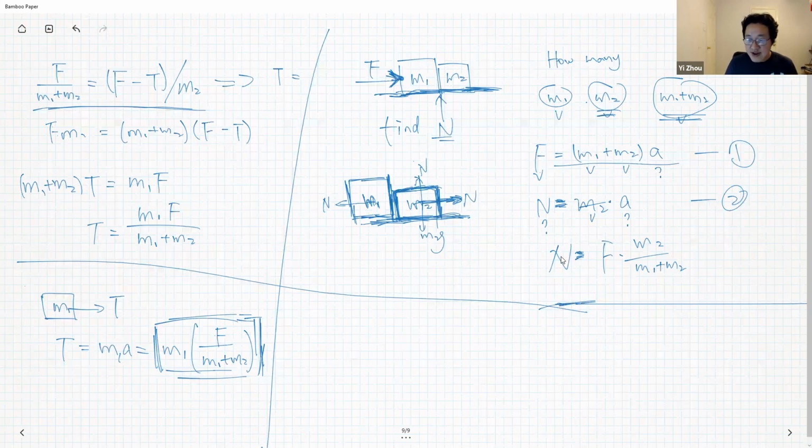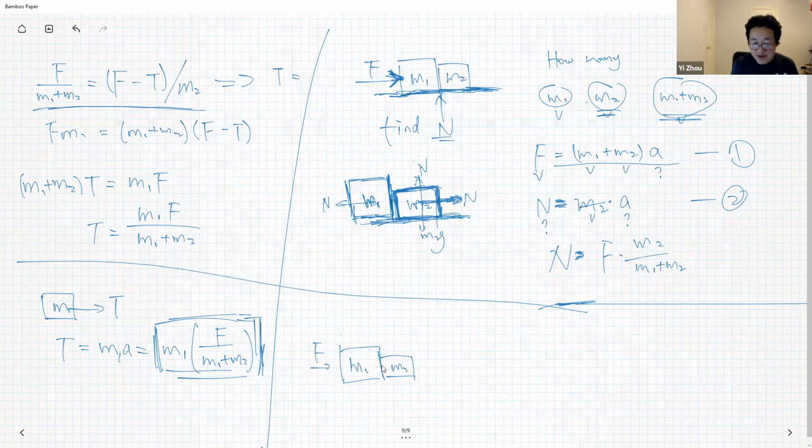If you look carefully, let's talk a little more about this example first. We have M1, we have M2, and there's a force.